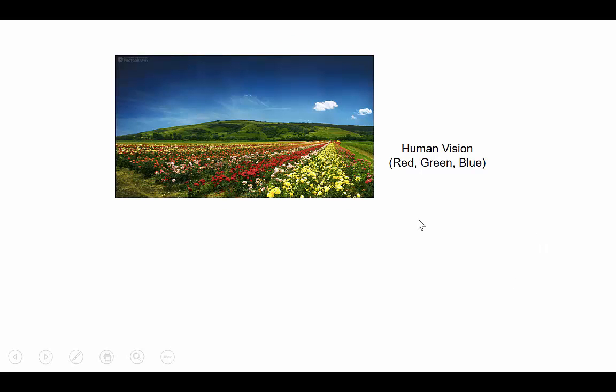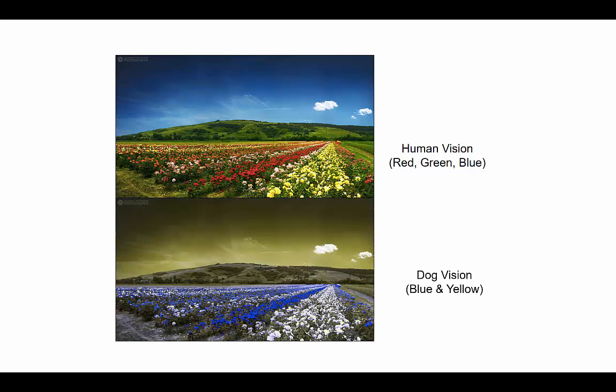Human eyes see three colors: red, green, blue. But bulls or dogs can see only two colors, and they see a little differently. They have blue, and they have yellow. Now, this red and green, do you remember? They were very close to each other, and dogs and bulls have only one in the middle of this.